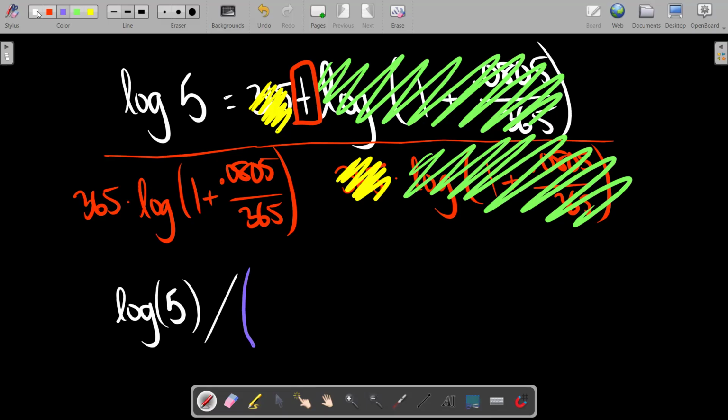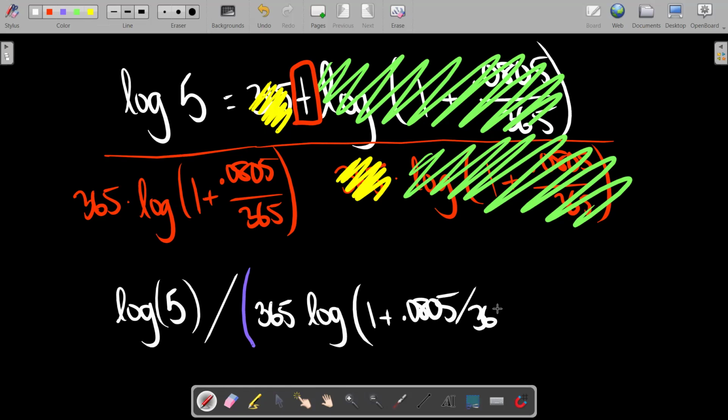And inside that purple parenthesis, we're going to put in 365 times the log of. Your calculator is going to give you its own parenthesis. You're going to go 1 plus 0.0805 divided by 365. And you must now hit the old double close.